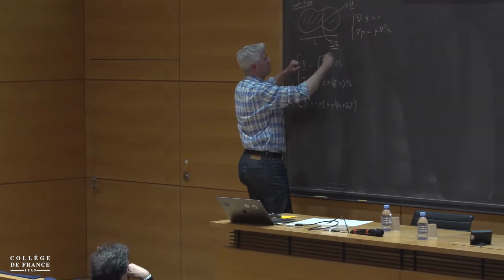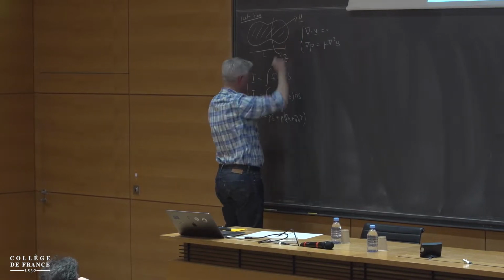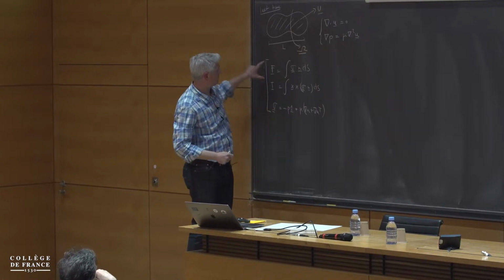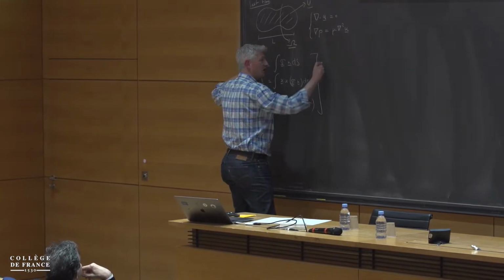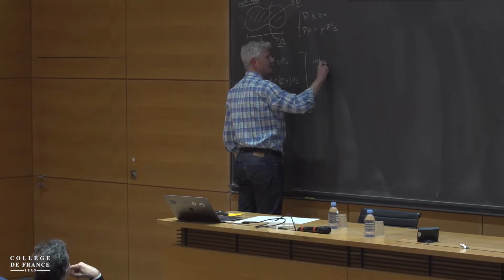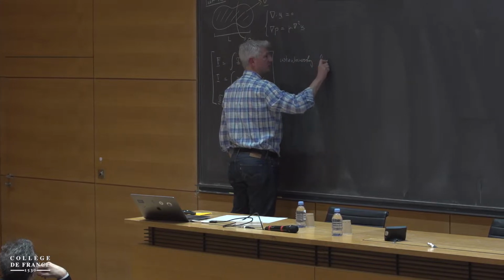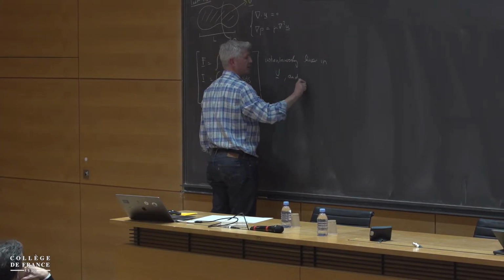So if the velocity and the pressure are linear in u and omega, that means that the stress is also linear in u and omega, which means that the force and the torque have to be linear in u and omega. So all these things are going to be instantaneously linear in u and omega.